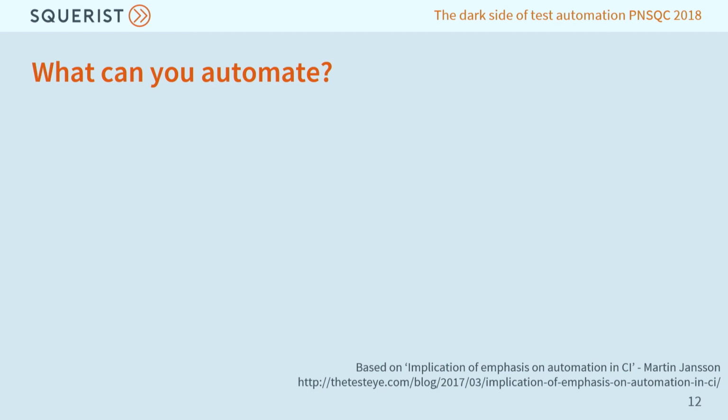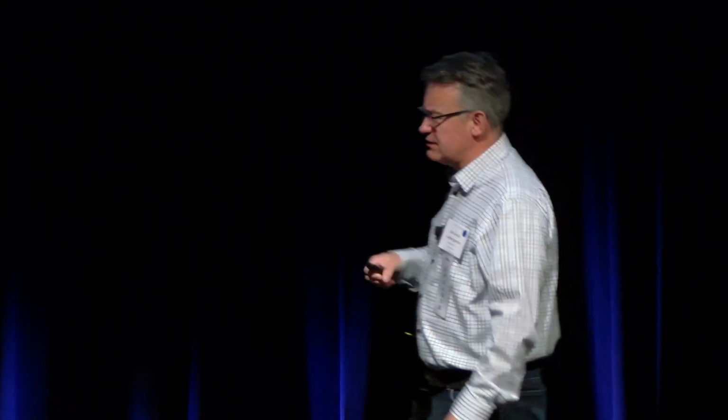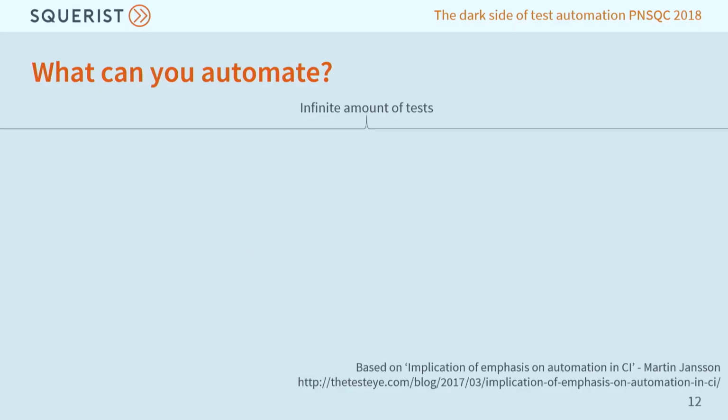So let's see, what can we actually automate? If we want to have a percentage of what we can automate, then we need a 100%. And that's a bit of a problem, because the number of tests you can do is infinite. I see some people taking pictures, and I forgot to tell you that on the more complex sheets there will be a photo sign, and then the sheet is complete.